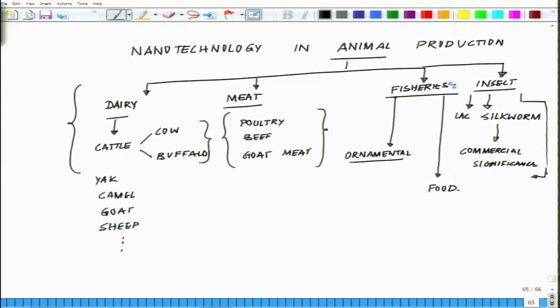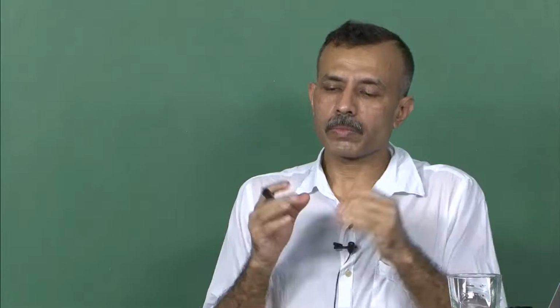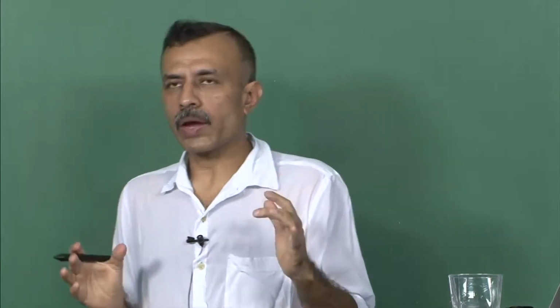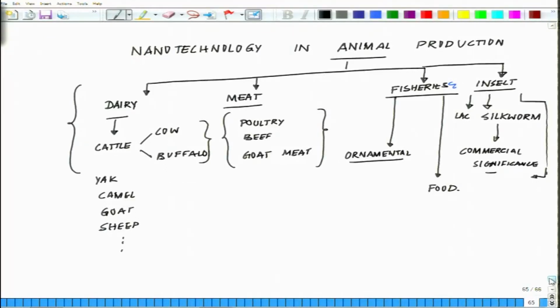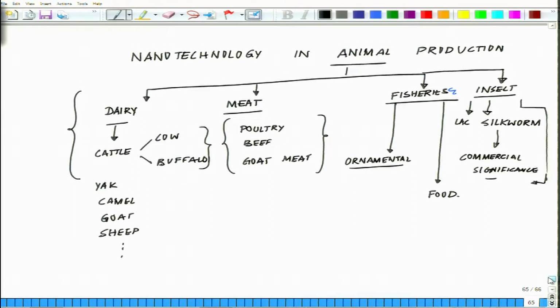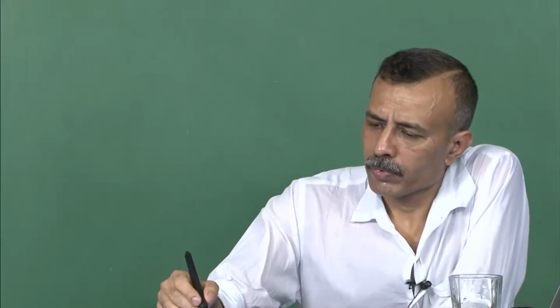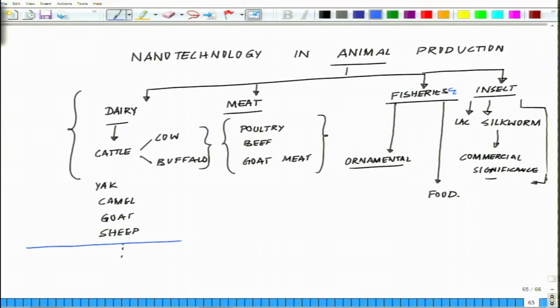Now, when we talk about animal production, what are the areas being dealt with, where nanotechnology may come in handy? So, let us make a rough classification of the areas where nanotechnology may be very helpful. One of the areas where nanotechnology will be very helpful will be food and food additives, especially as will be discussed further in this informal discussion.